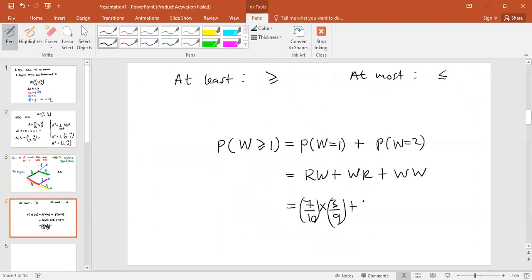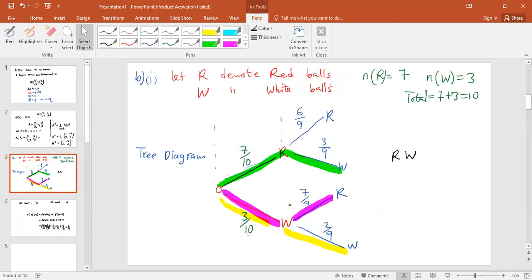So we have 3/10 times 7/9 plus white, white. So the first one was 3/10 times another white. On the second stem, it will be 2/9. Let's go to our diagram. The one that is painted yellow, we see this is 3/10 and this is 2/9. That's where it's coming from.